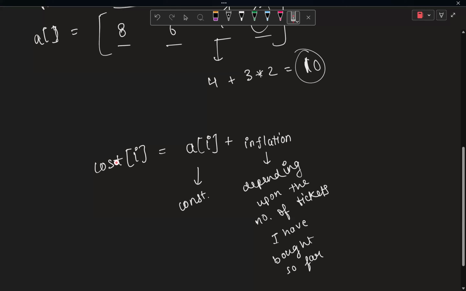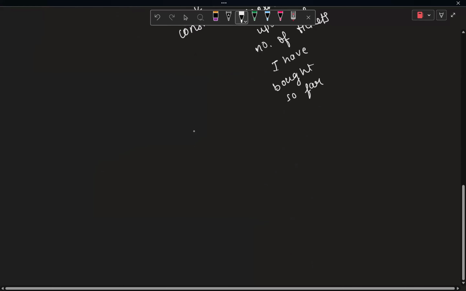And I want the total cost to be minimized. Since I want the total cost to be minimized, I would like to buy the tickets on those days where AI is as small as possible. And let's look at this inflation, whether we can do something with it or it is out of our control.